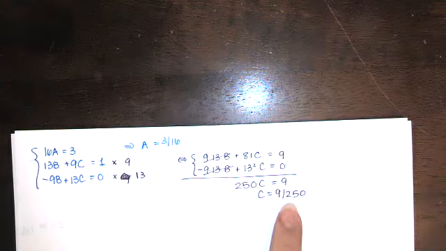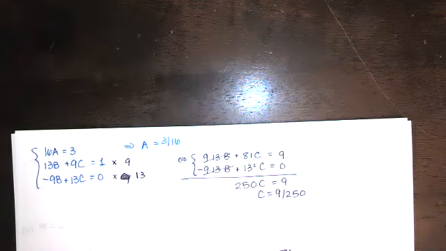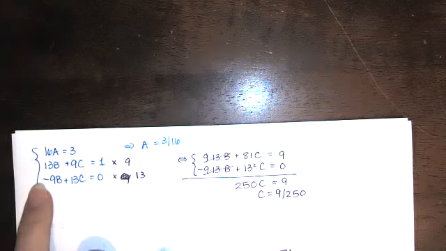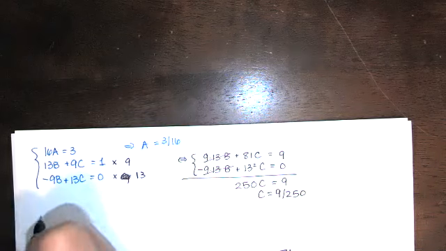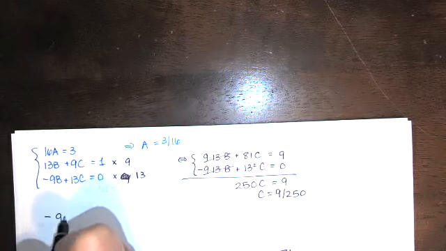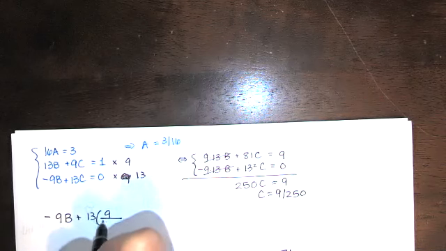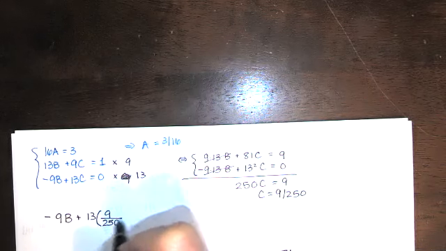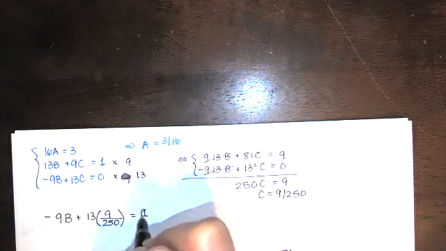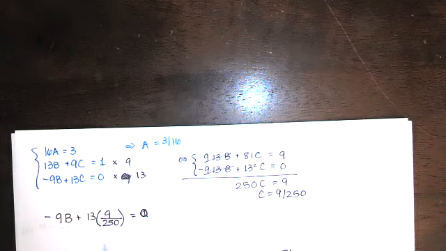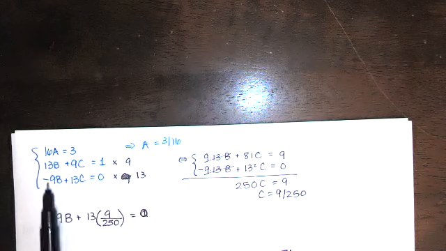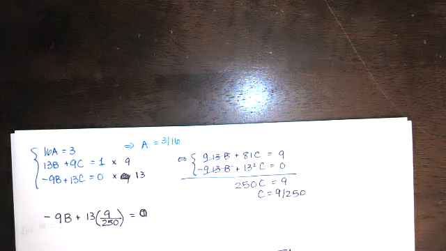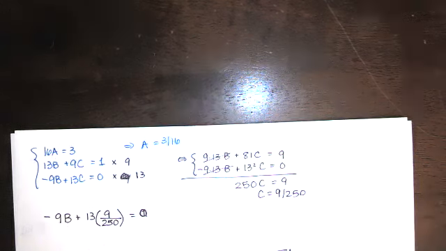And now that we know c, we can use that to find b, and you can substitute into whichever equation you prefer. I think I'll use the second one. So I have negative 9 times b plus 13 times c equals 0. Oops, I wrote 1, 0. I chose the last equation on that list. And 9 times 13 turns out to be 117.